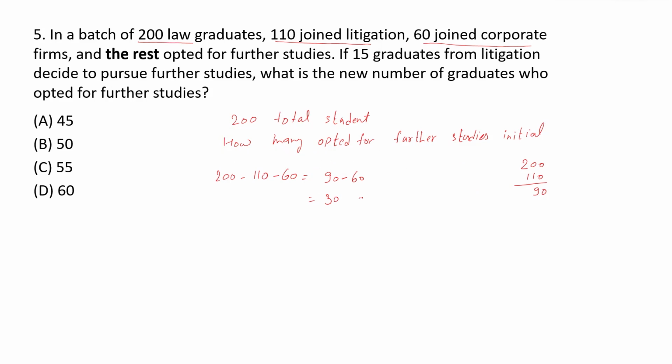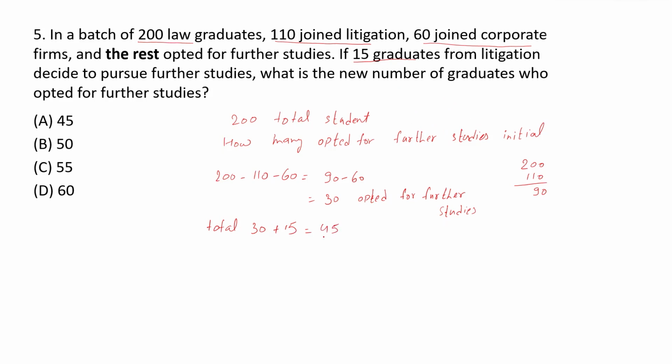So 30 opted for further studies initially. And then you can see that 15 graduates from litigation also decide for further study. So total becomes 30 plus 15 also added.